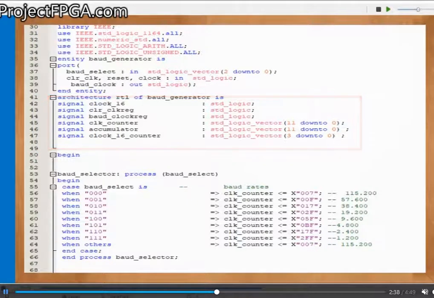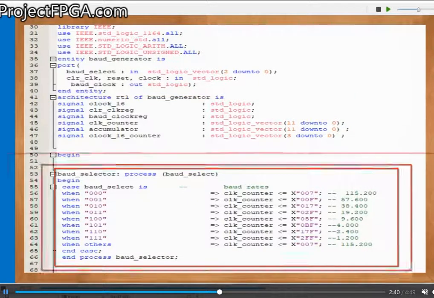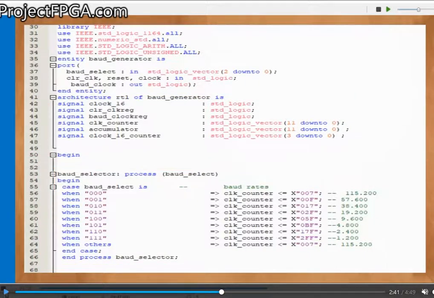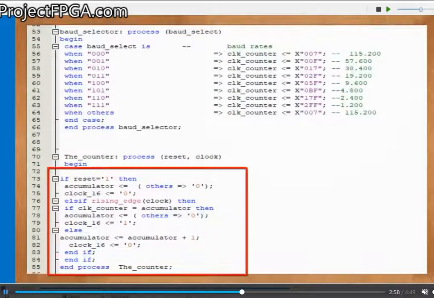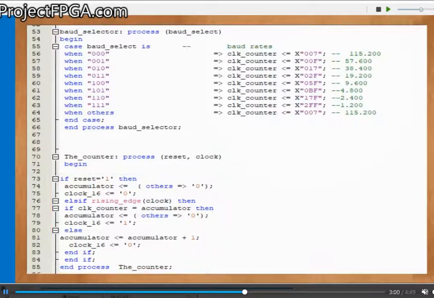Next, the baud select multiplexer. Here, different values of the baud select represent different baud rates, and they give different values at the clock counter signal. This is the 7 we calculated for 115200 baud rate earlier. The accumulator register is used to store the first part of the counting.